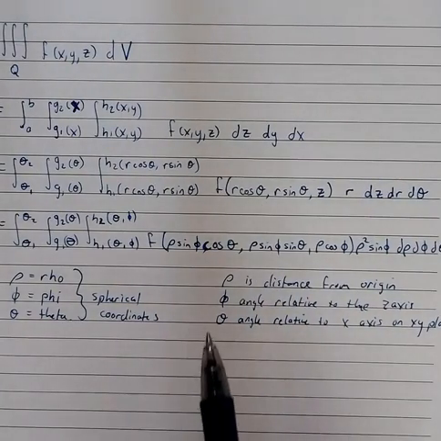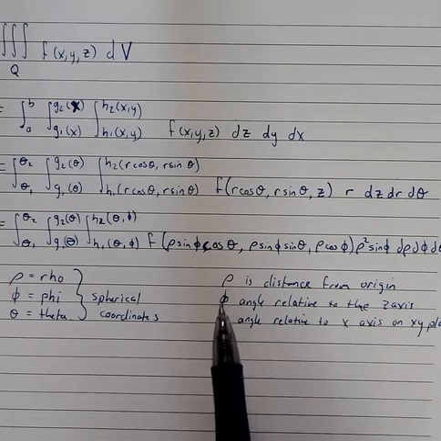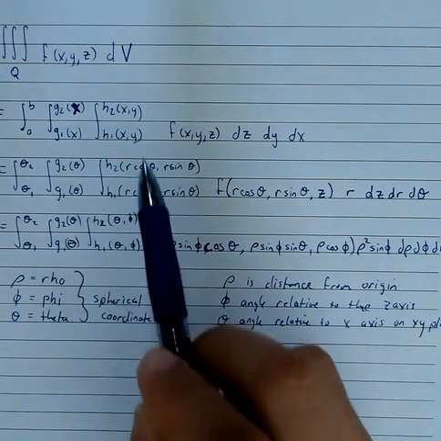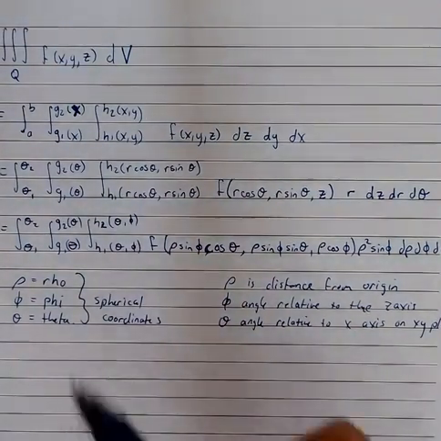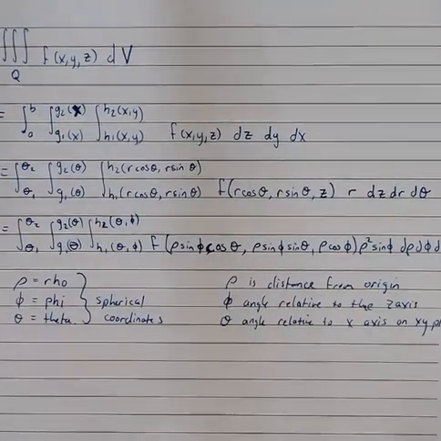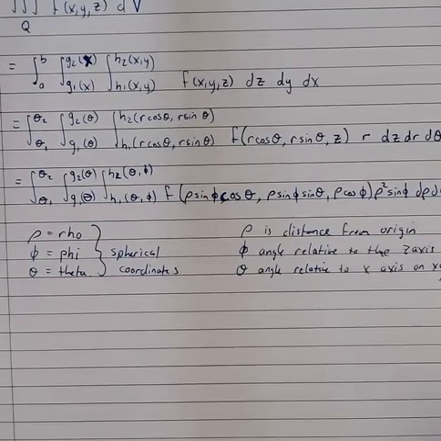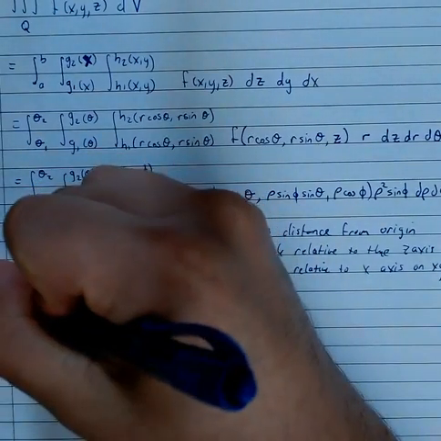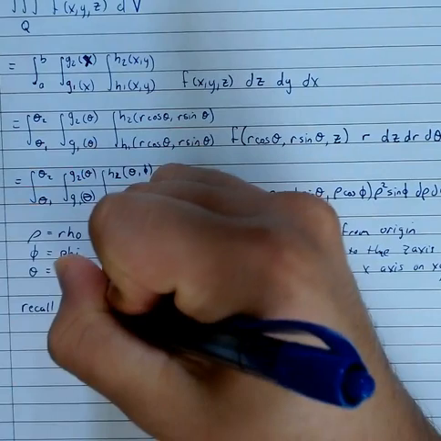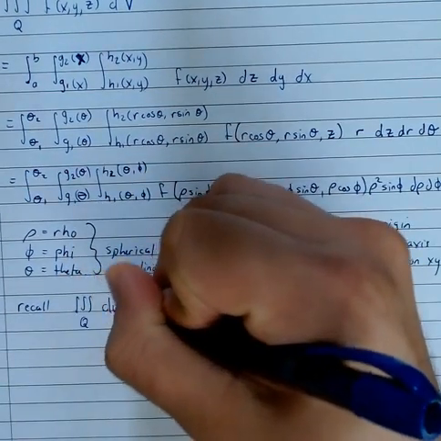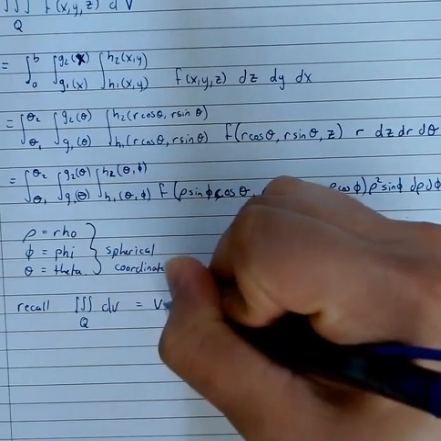Because the objects that we can sketch out will often help us in determining what these boundaries are, or in some cases, whether or not our boundaries can efficiently be stated in a particular coordinate system. So let's consider the following. Recall that if you take the triple integral over a region Q, dV, that's equal to the volume of Q.